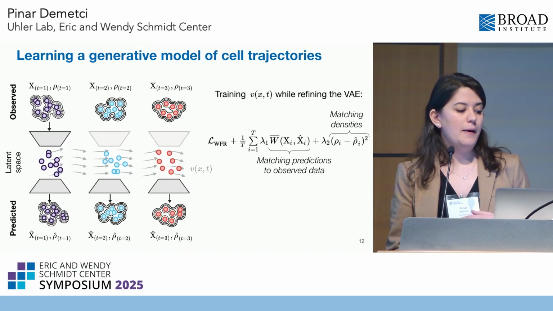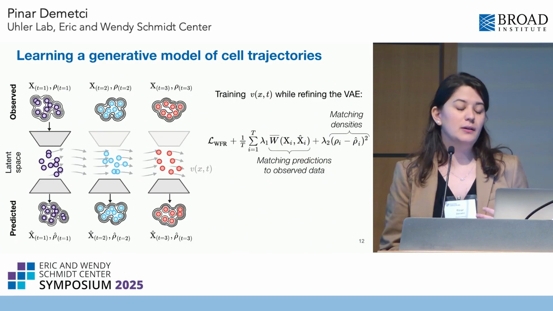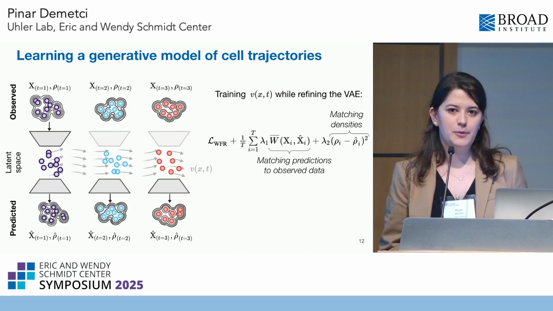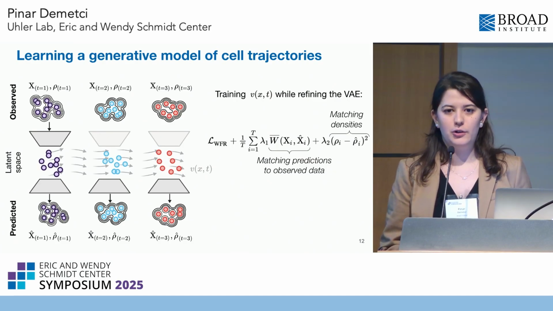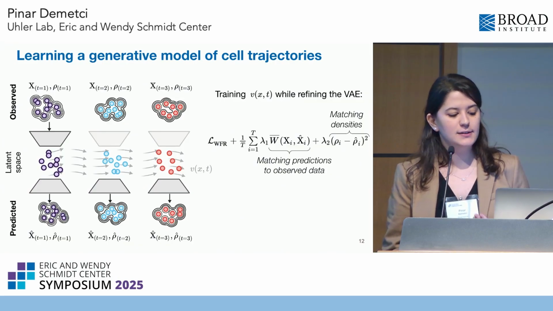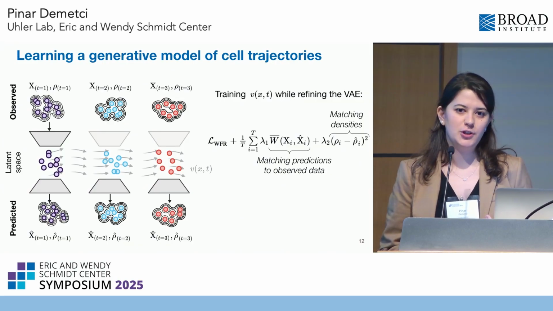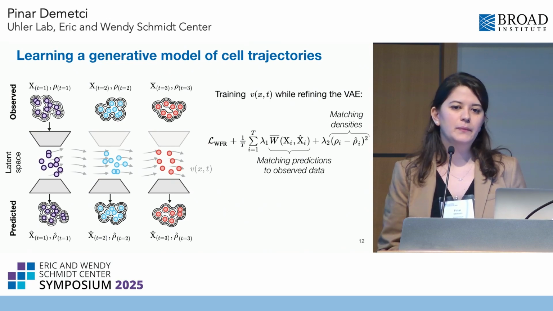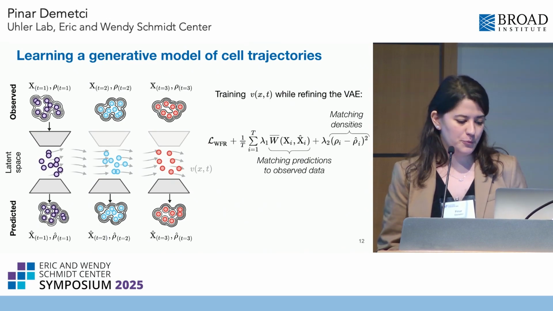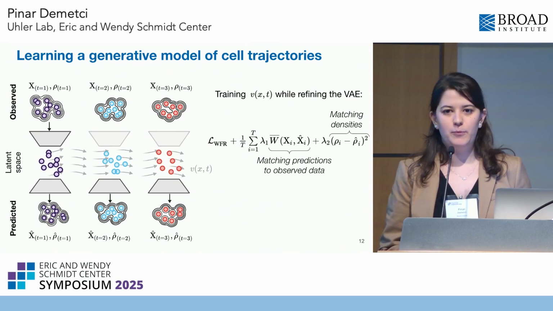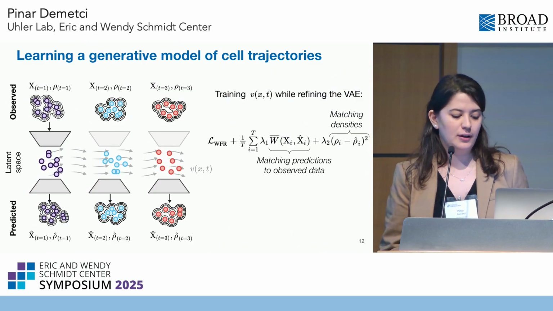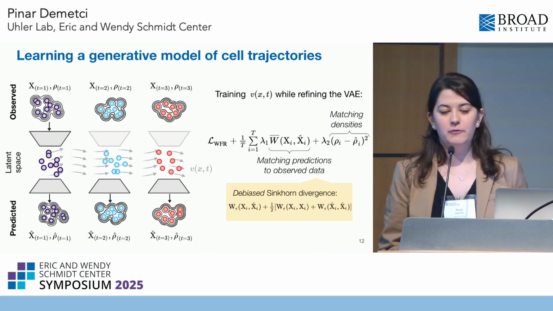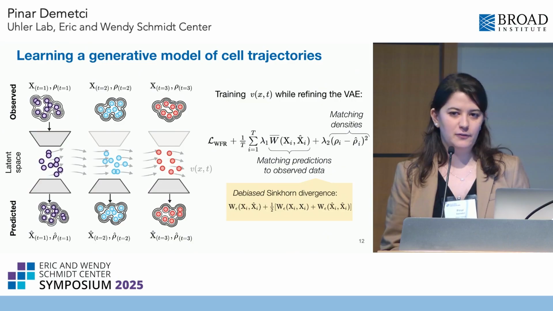We continue to update the VAE after the pre-training while jointly learning the velocity field because we found that this really helps with reconstruction and simulation of new data and also the sharpness of the partial derivatives that we're going to compute later on. And that's with both matching densities and also matching predictions to the observed data after reconstructing with VAEs.